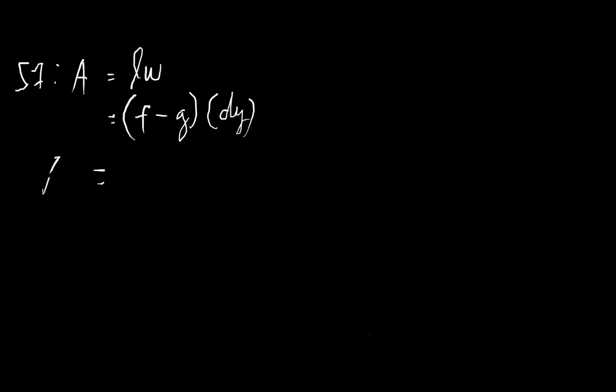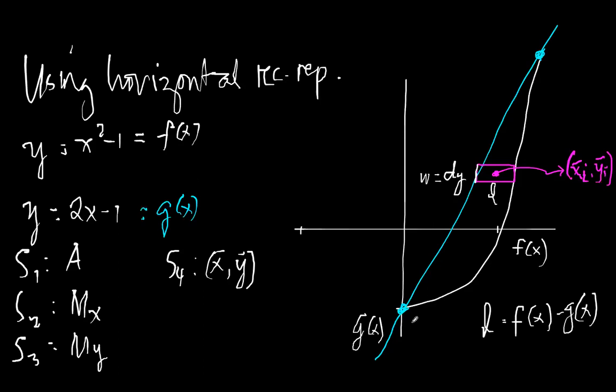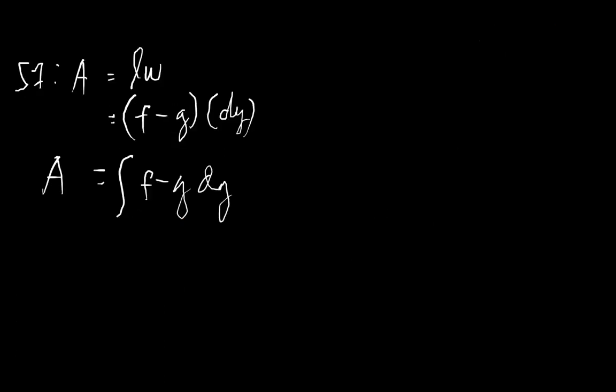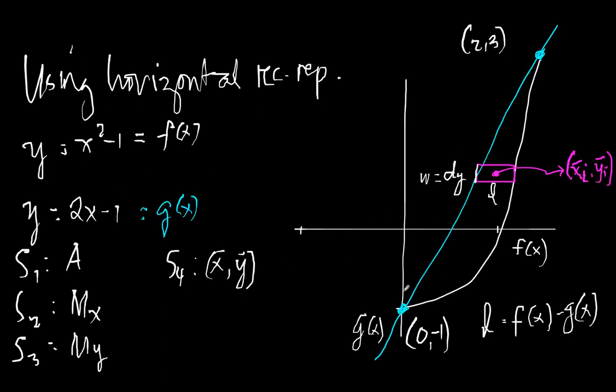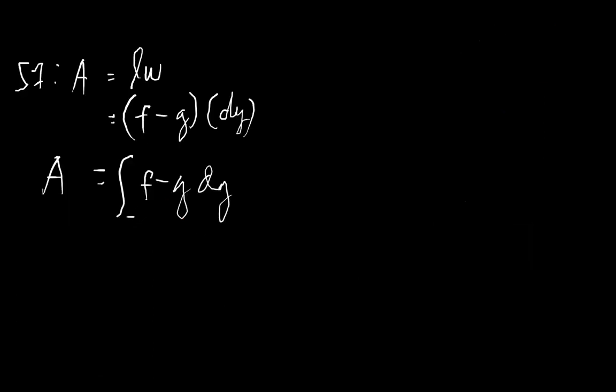So let's use the integral of f minus g dy. The points of intersection are 0, -1 and 2, 3. Since it's dy, we go from -1 to 3.